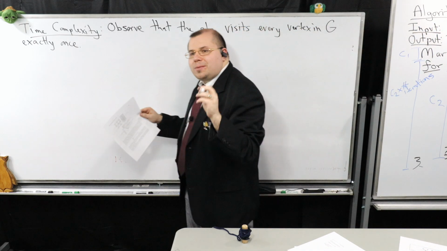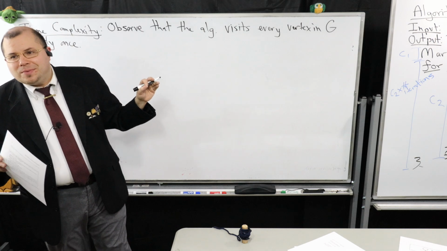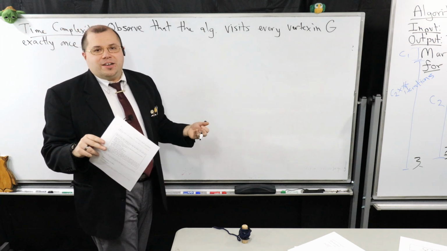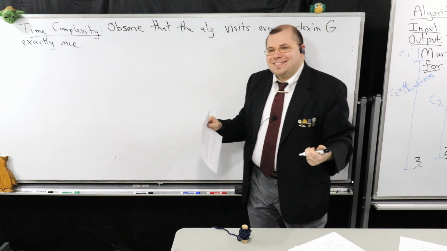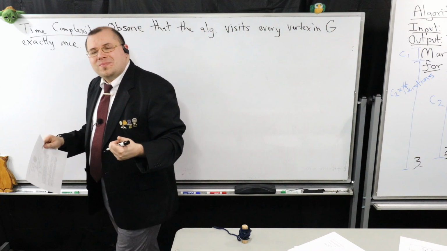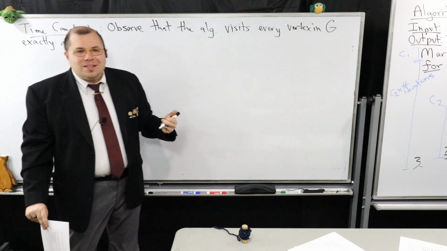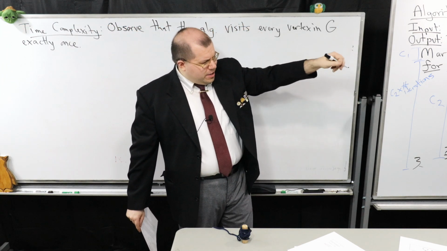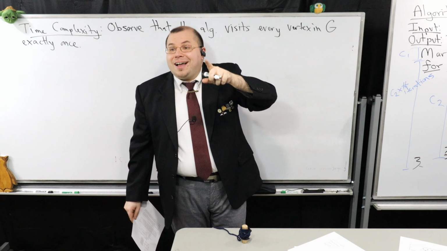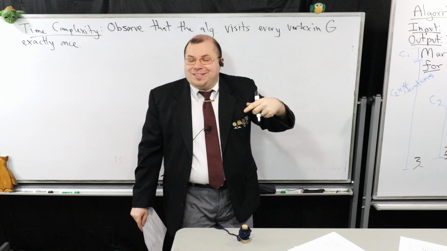So think about it from the perspective of the algorithm. Why do I only visit a vertex once? And only once? Do you remember how when I did the exploration, what happened? Yeah, it's because it's marked, right? You don't go back to a vertex that's already marked.